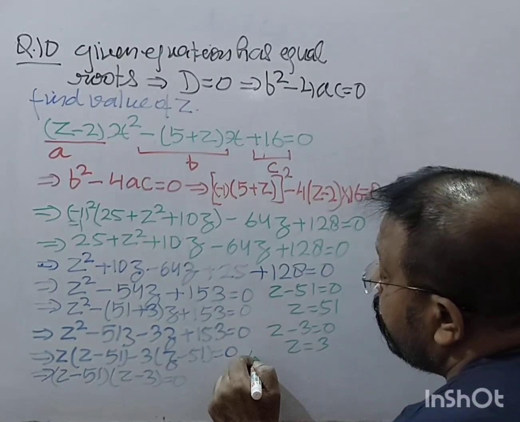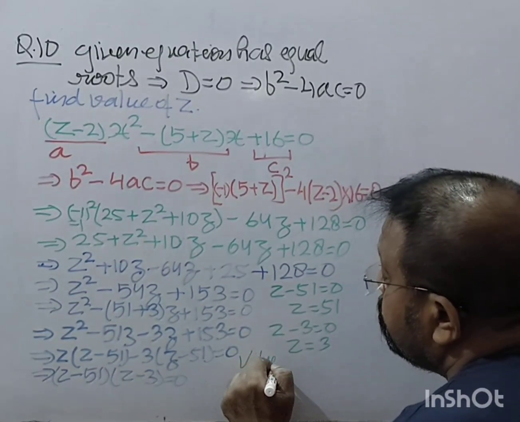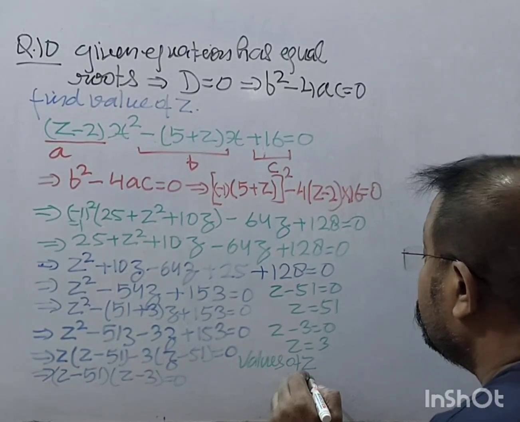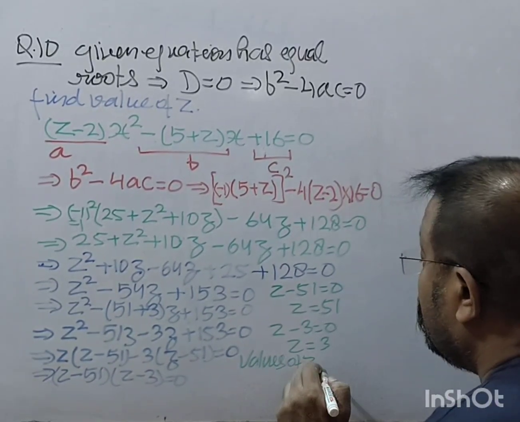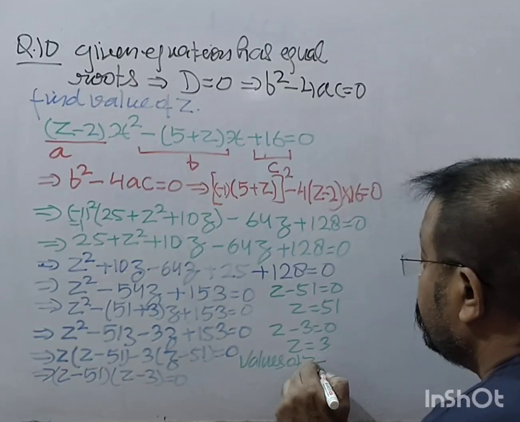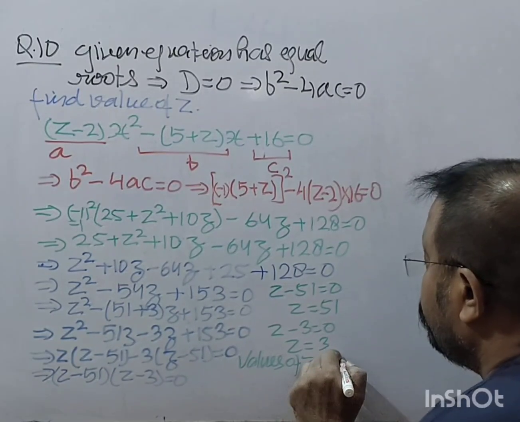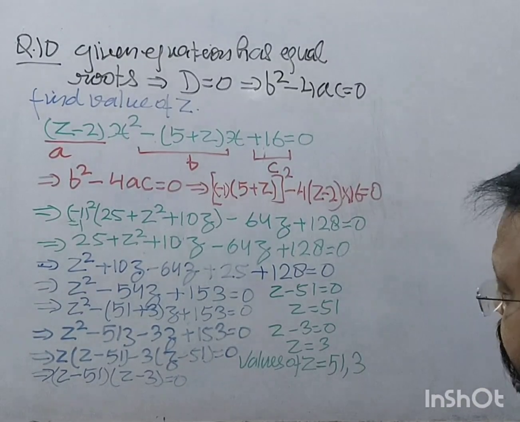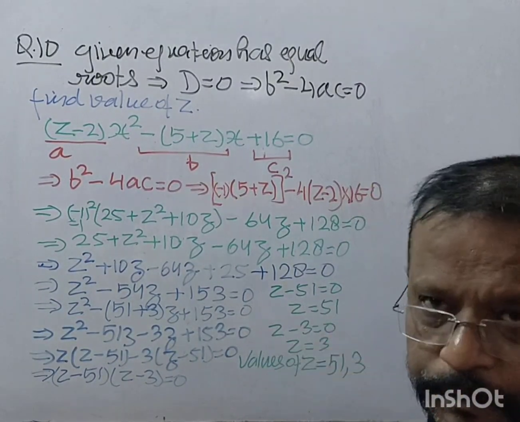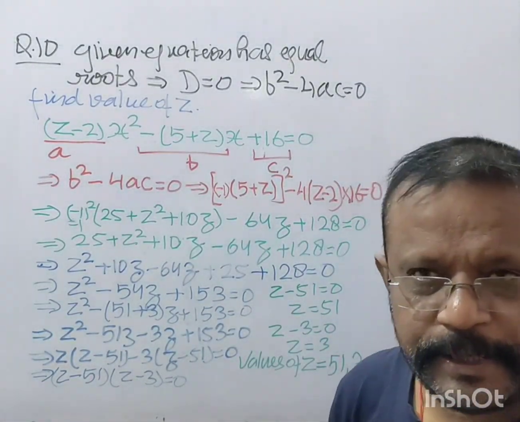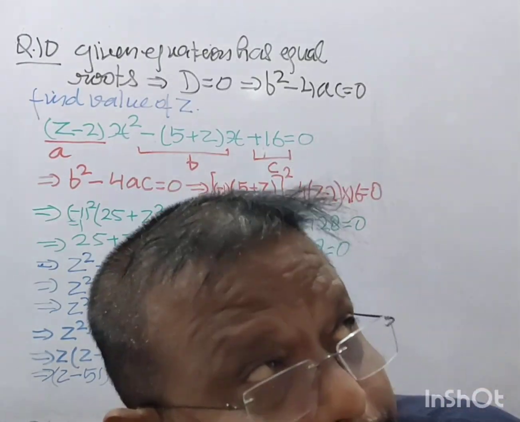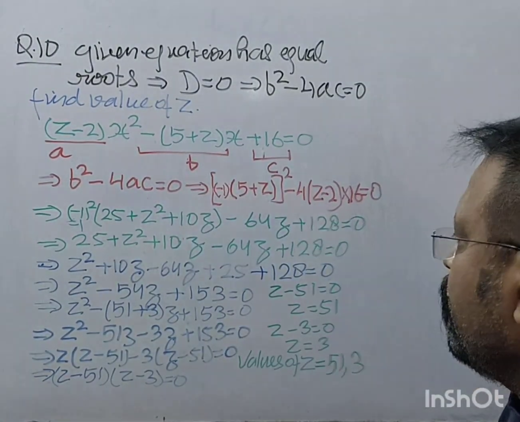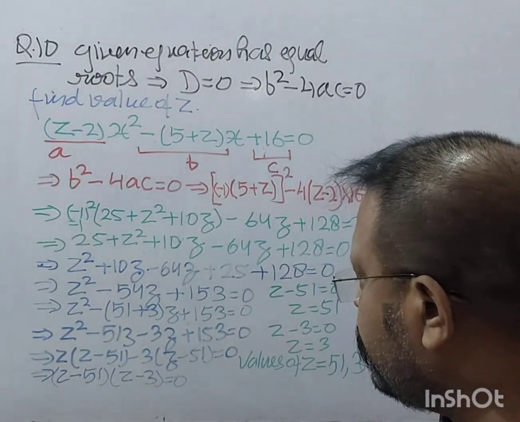So values of z are z is equal to 51 and 3. This is how to solve. You understand this? Should I rub? Yes. Okay.